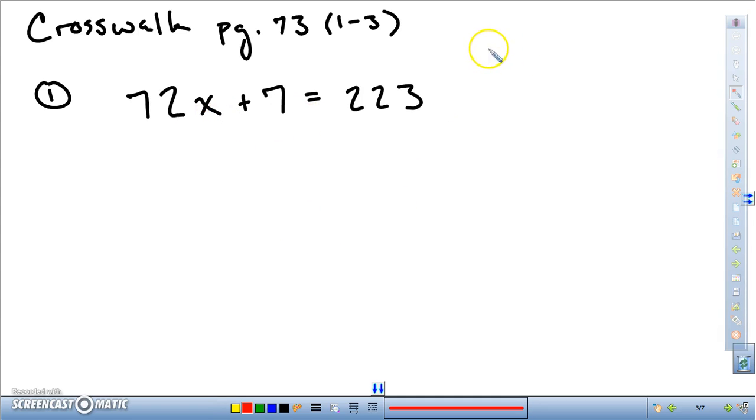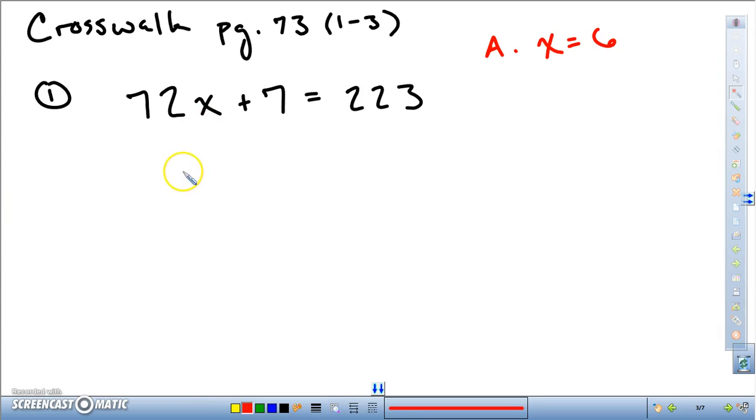Well, I know that the solution is the value of the variable that gives me a true statement. So instead of actually solving this the way that we've been doing, I can take my answer choices and plug them in for x one at a time and see which one gives me a true statement. And this is kind of the same thing as the way that we would check these normally.